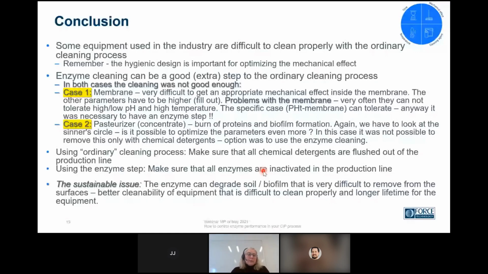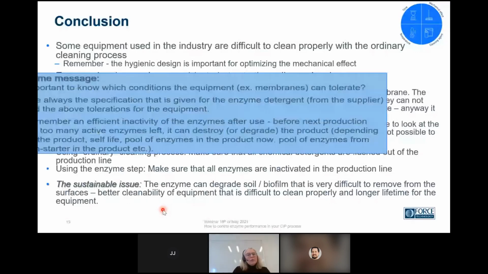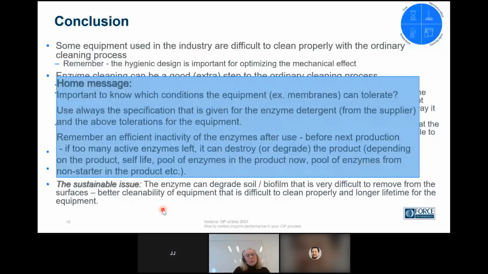As for the sustainability issue, the enzymes can degrade soil or biofilm, burnt proteins that are very difficult to remove from the surfaces. That gives better cleanability of equipment that is difficult to clean properly, and a longer shelf life for the equipment. So in the methods, it is very important which conditions the equipment, for example membranes, can tolerate.